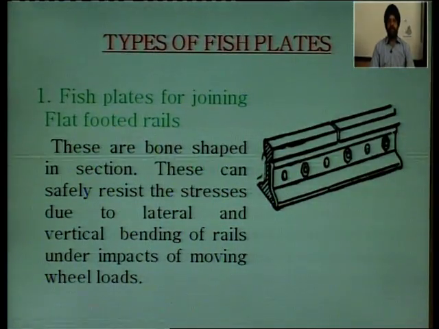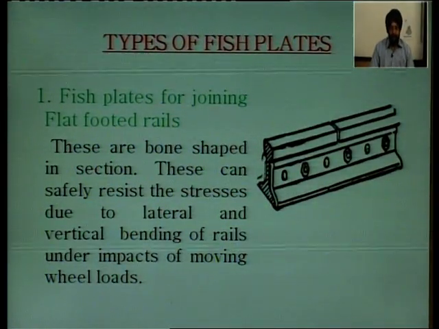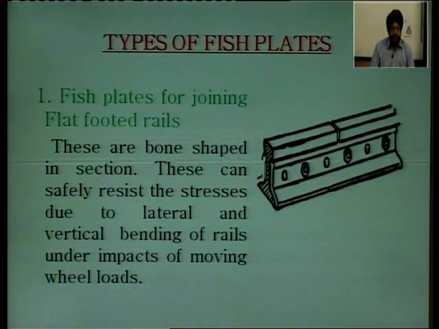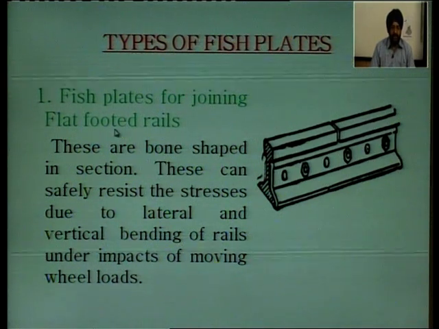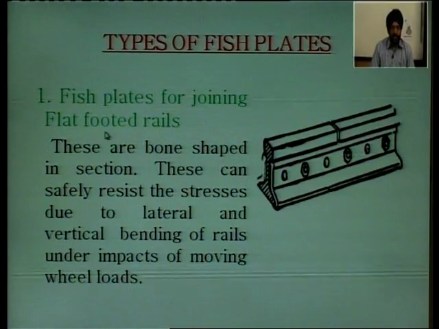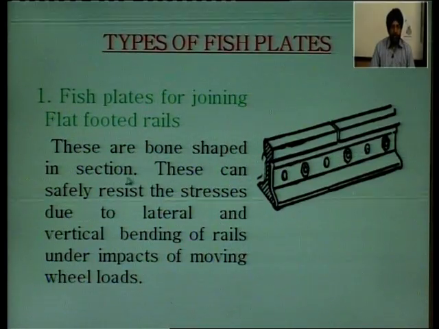So, regarding the types of fish plates, we all know the rails are available in different sections, like flat-footed rails and bull-headed rails. In the case of flat-footed rails, the fish plates are bone shaped in section.